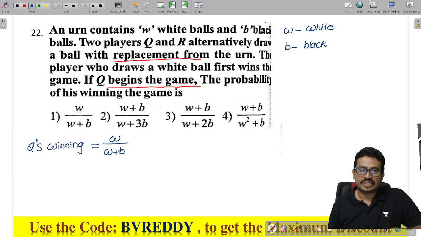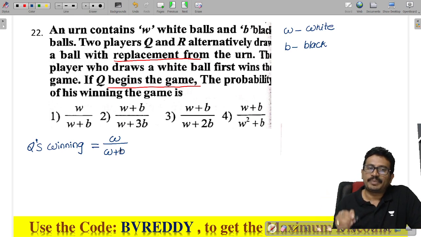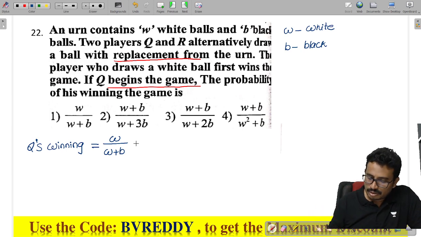But in the first trial, he may not get the white ball. If he didn't get the white ball, then the chance will go to R. The chance will come again to Q only when R fails. Right. So the first case, this happened.